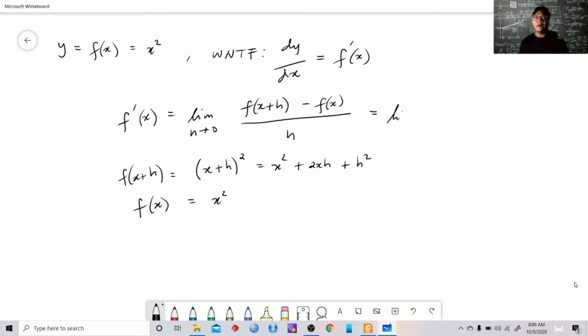So we have the limit as h approaches 0 of x squared plus 2xh plus h squared minus x squared all over h. So we can cancel out x squared.